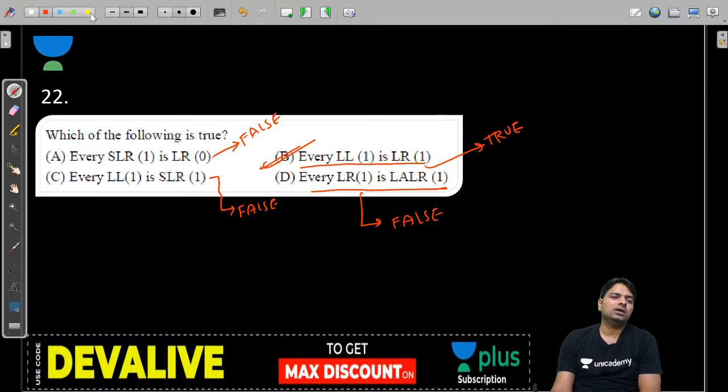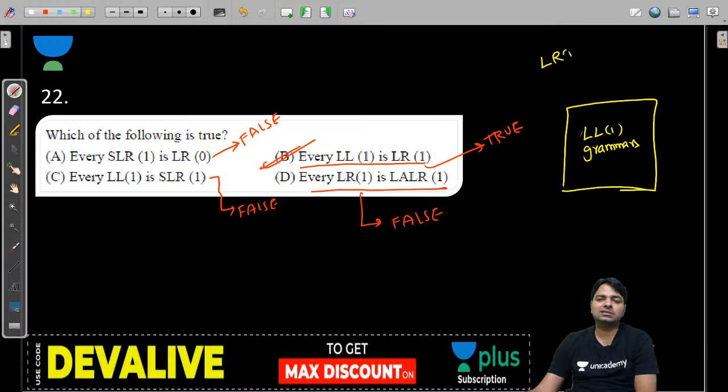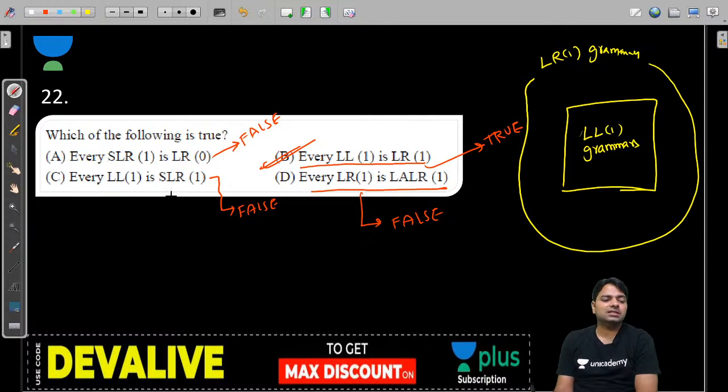Every LL1. So you must know the relation. What are we talking about basically? Guys, here the LL1 grammars somehow manage to stay inside the LR1 class. So when you look at this, every LL1 grammar is LR1.